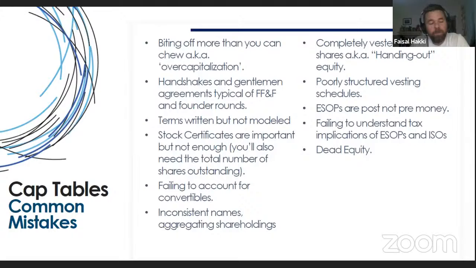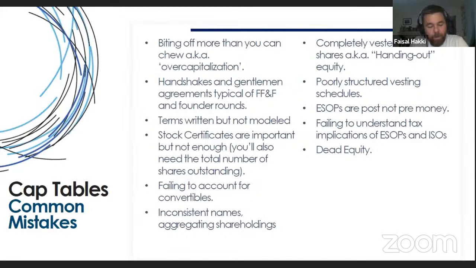If these terms, especially for angel rounds, are written, make sure that they're clear in terms of being modeled on an Excel sheet, like I just described, because sometimes the language doesn't travel very well from a text to an Excel sheet. So it's proper that you have both. You have them written down on the documents that were signed, but you also have a model annexed or attached to it, whereby there is no confusion on the numbers.